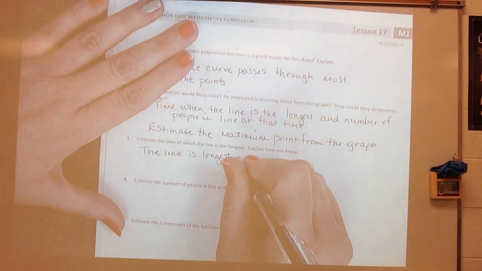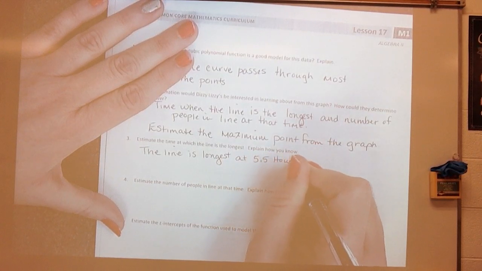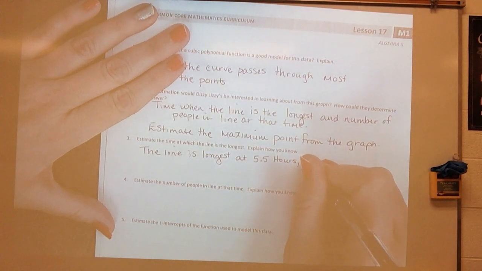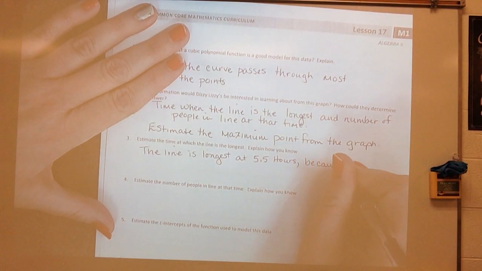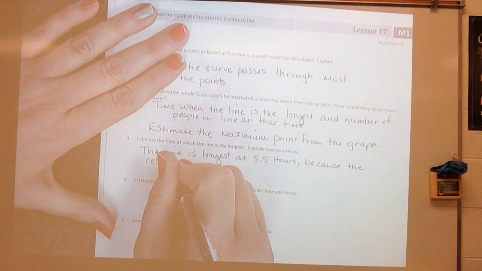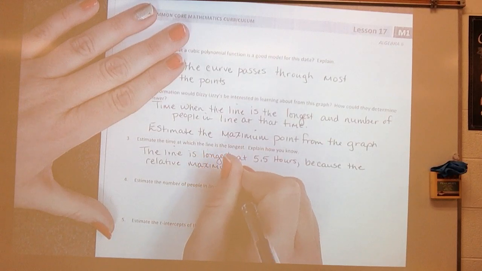at 5.5 hours. Alright, because now this is what we call the relative maximum. The highest part. The maximum part of the line.